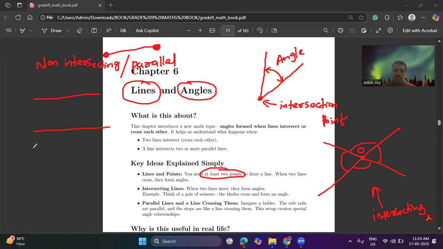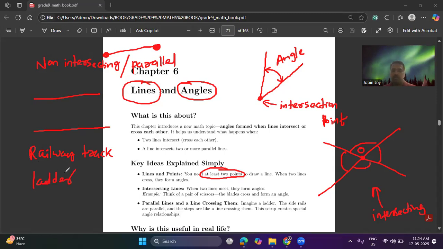So the best example is from our real life, the railway track. Majority of you travel by train, you observed the shape of the railway track. It is the best example of non-intersecting or parallel lines. Or you can think about a ladder.